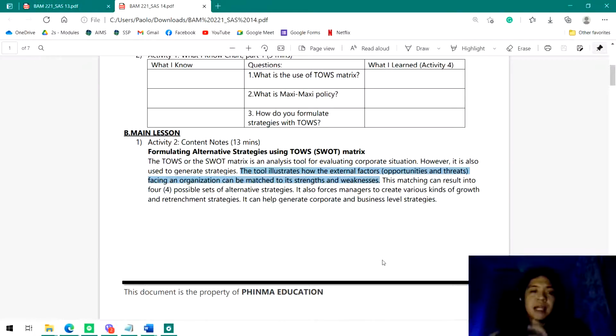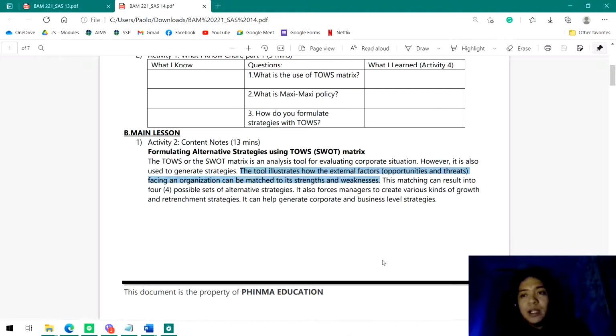So now, siguro nakikita ninyo kung gaano ka-importante sa isang business ang SWOT analysis. Identifying the strengths, the weaknesses, the opportunities, and threats can really help us identify what kinds of strategy we should implement and what kinds of strategy we should focus on para sa ating company. So, alam nyo na ngayon ang bigat ng SWOT analysis.